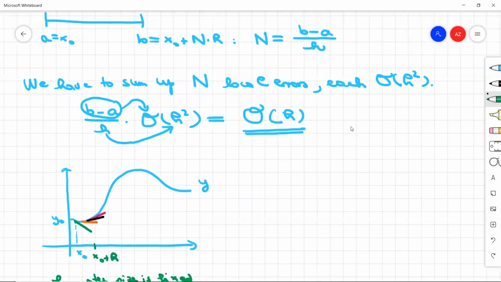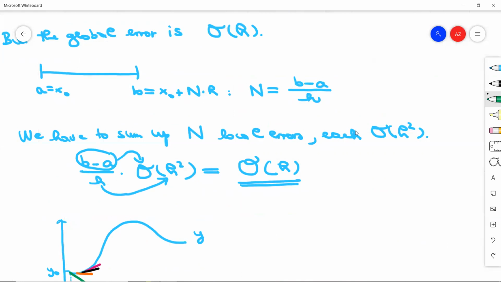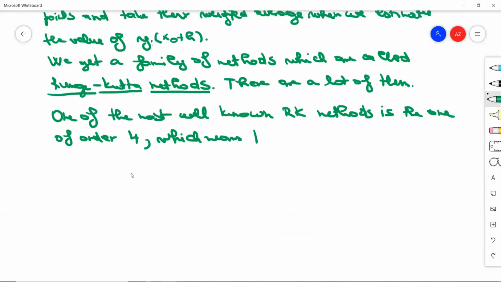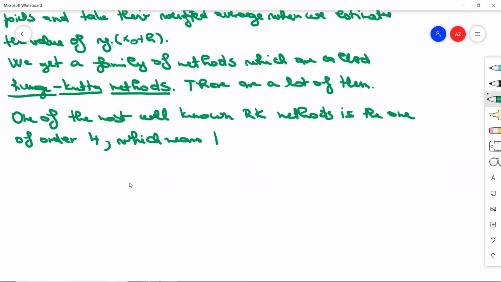So you can think of this order. When we had Euler's method, we said that the order of Euler's method is quadratic, because in each step we make an error which is quadratic in the step size. It's of order 2. However, the Runge-Kutta method is of order 4, which means that the local error is of size O of h to the power of 4.